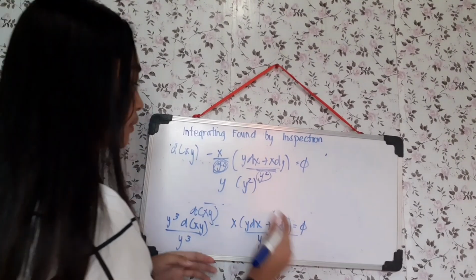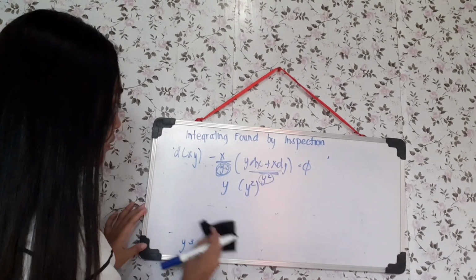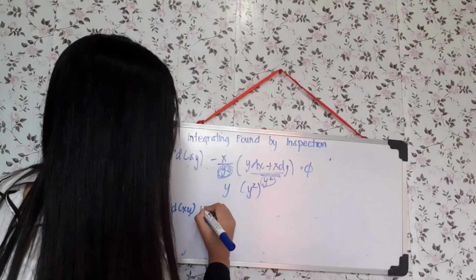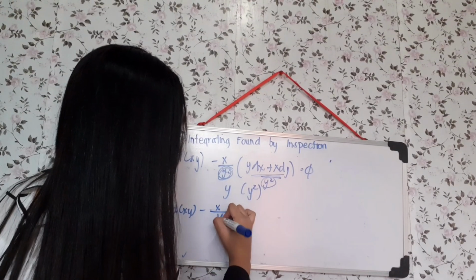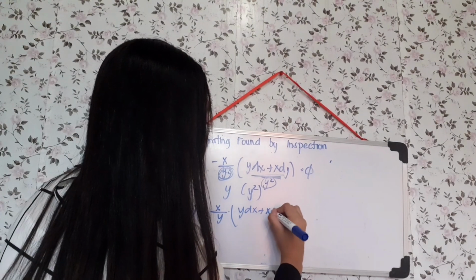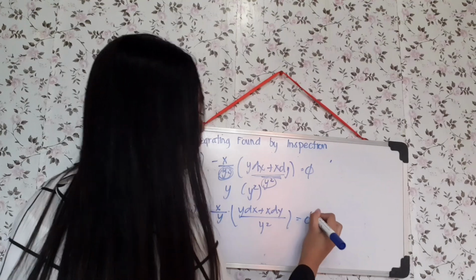So it becomes the derivative of xy minus x over y times y dx plus x dy over y squared is equal to 0.